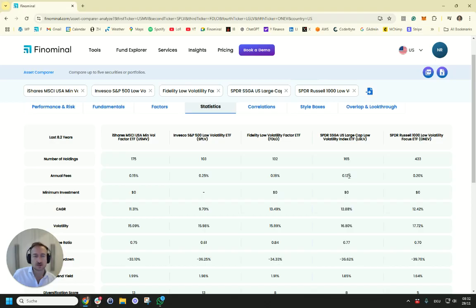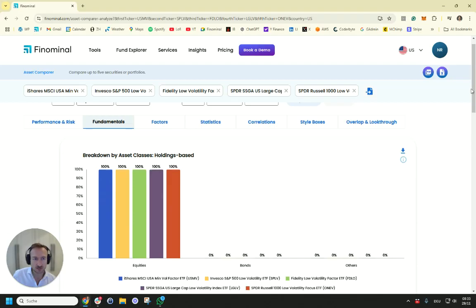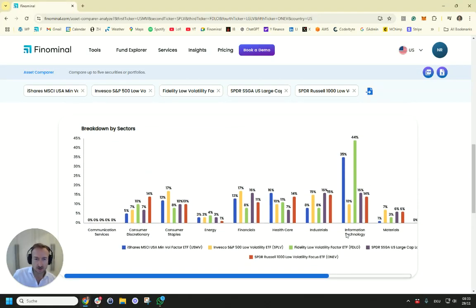And so one final point is, if you think about that product from Fidelity offering the highest CAGR as well as the highest Sharpe ratio, you might think, hey, this is the instrument to go with, right? But it's more interesting to think about what explains that. And we can explain the better performance of FDLO by its exposure to the tech sector.